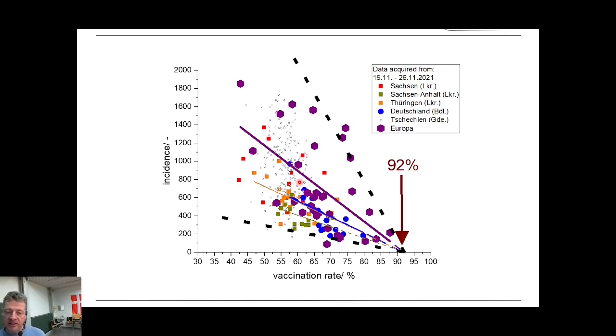Independent of the reporting, if you increase the vaccination rate and increase it, and when you come to a certain level, independent of the way of reporting and the initial value, you approach for sure an incidence of 0 or almost 0, because even vaccination is not 100%.